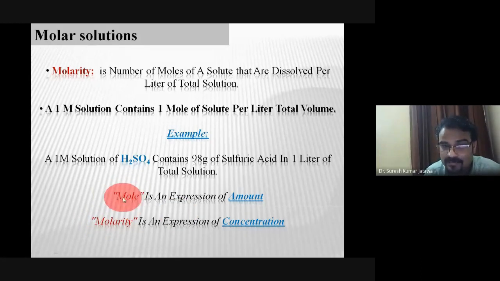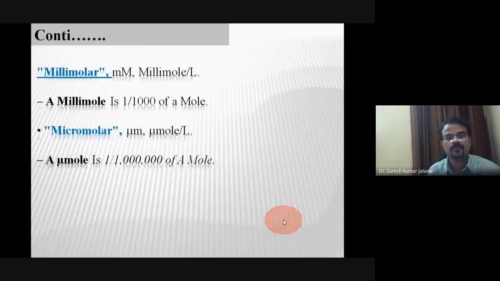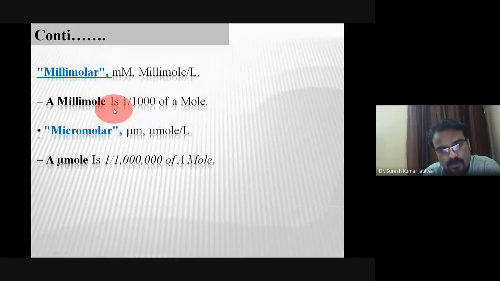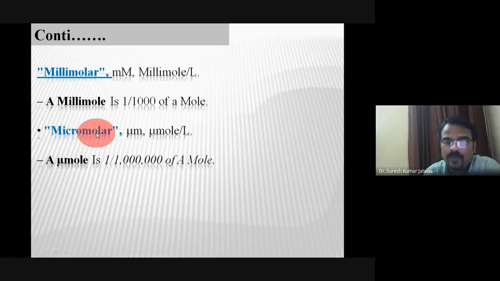Mole is only the expression of amount of solute dissolved per liter of solution, and molarity is an expression of the particular concentration present in the solution. There are some other units like millimolar and micromolar. These are also useful. Such solutions you prepare in millimolar, and sometimes you prepare in micromolar.